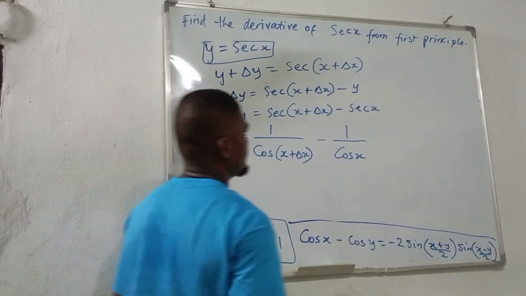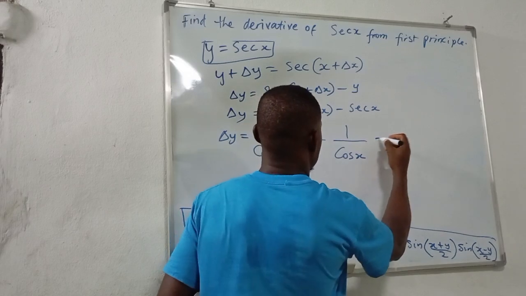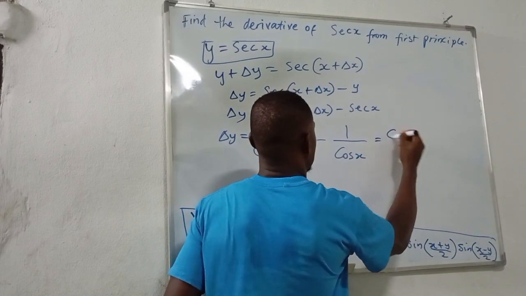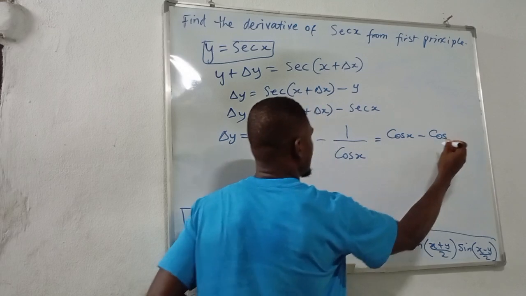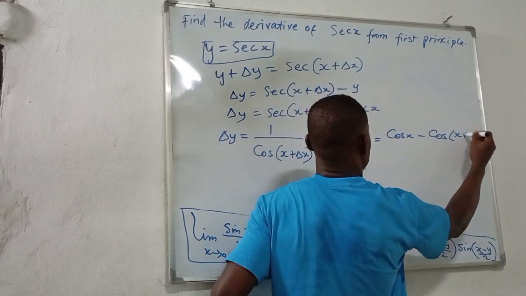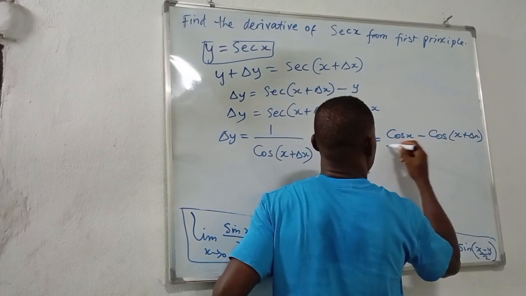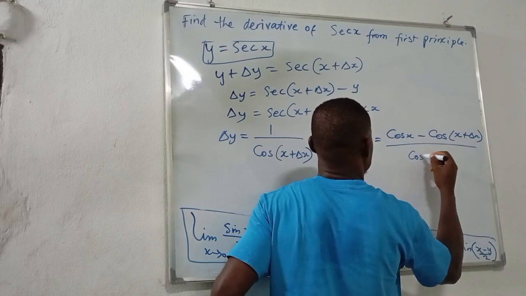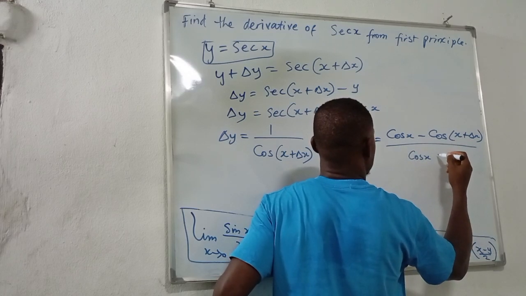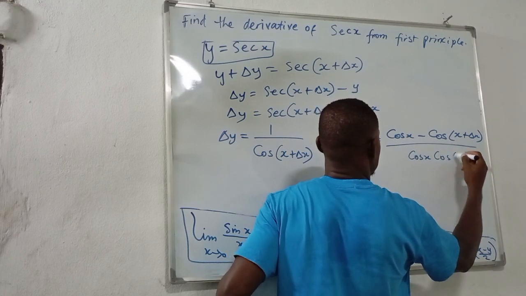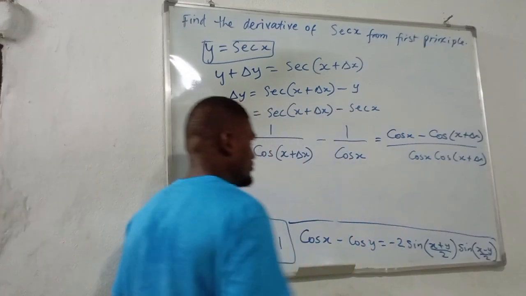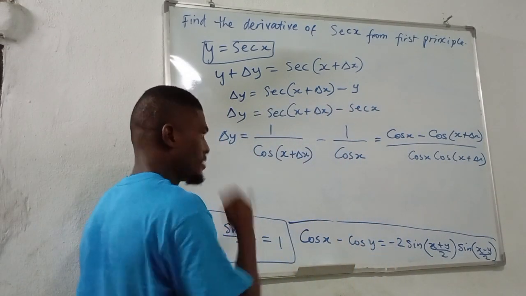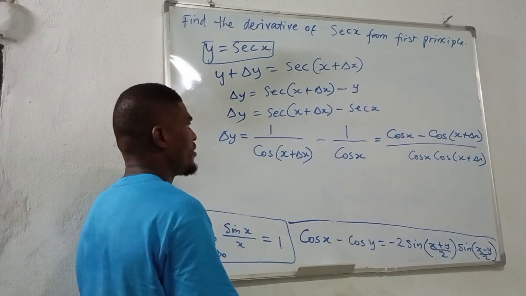With that, this is going to be the same as (cos x minus cos(x plus dx)) all over cos x cos(x plus dx).